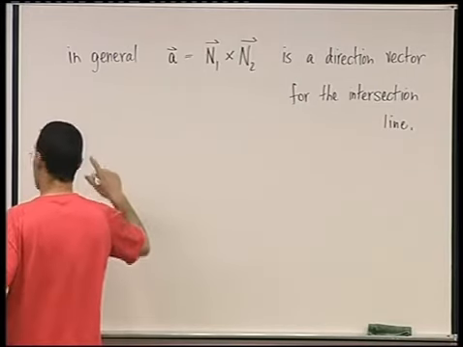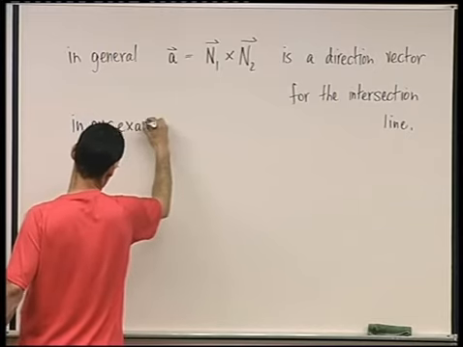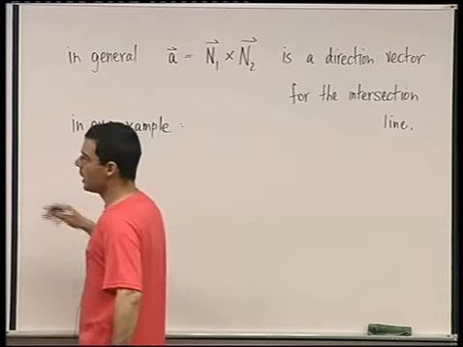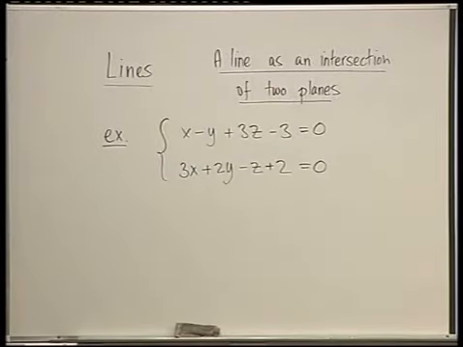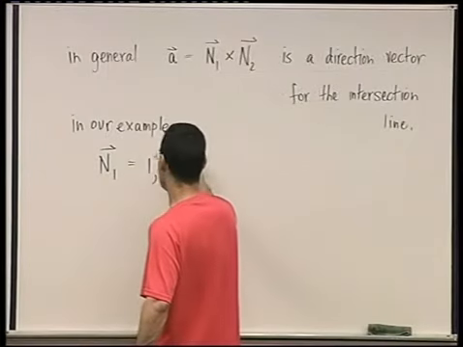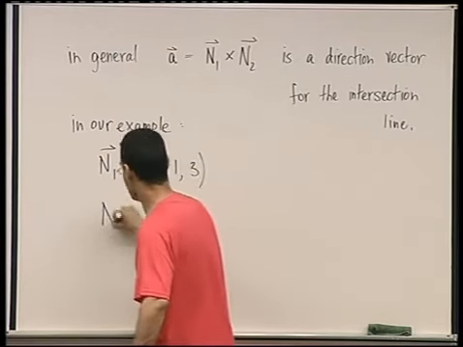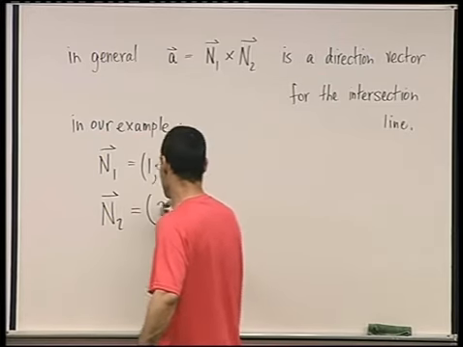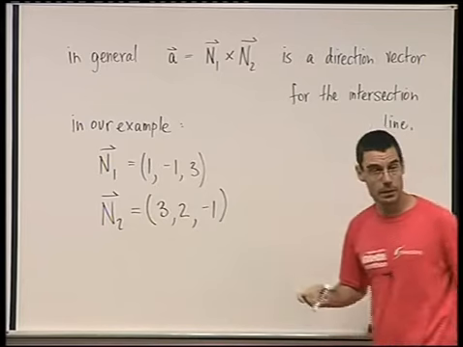So let's find the normals. So in our example, which is on the previous board, so I'm not going to go there, but you can take a peek over there. So N1 was 1, -1, 3. And N2, I'm just reading the normals off the equations of the two planes. That's very easy to do. We know how to do that. 3, 2, -1. Do you agree?